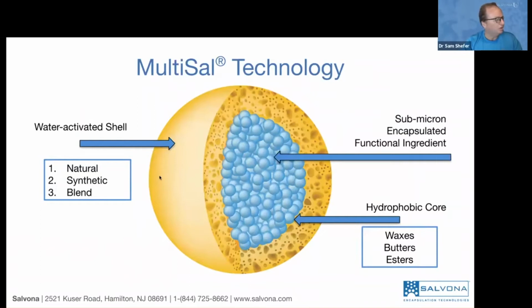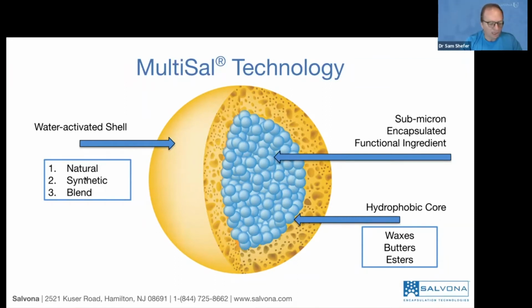But before I tell you, I just want to let you know that the shell could be made of different ingredients. It could be made of natural polysaccharides like starches. It could be made of starch that's been modified, chemically by a chemical reaction, or by an enzyme, or just by exposing it to acid and breaking it down.